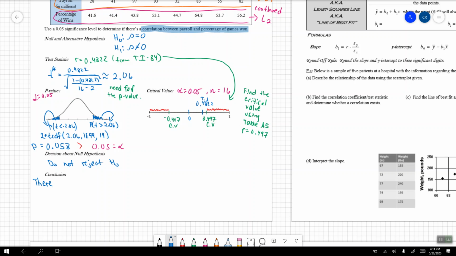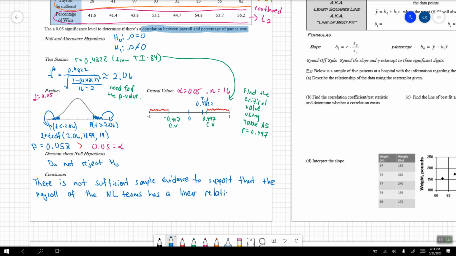Well, there is not sufficient sample evidence to support that the payroll of the National League teams, I'm just going to abbreviate National League as NL, has a linear relationship with the percentage of games won in 2004.